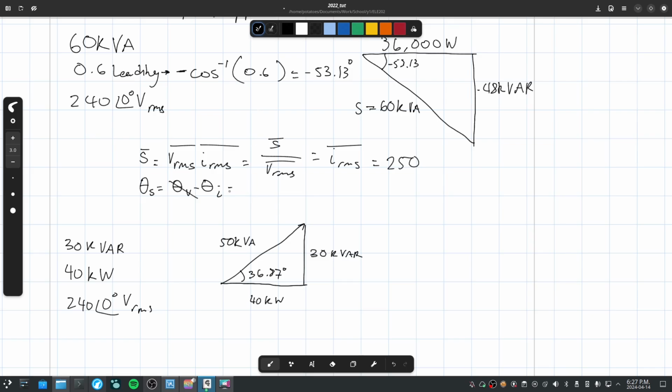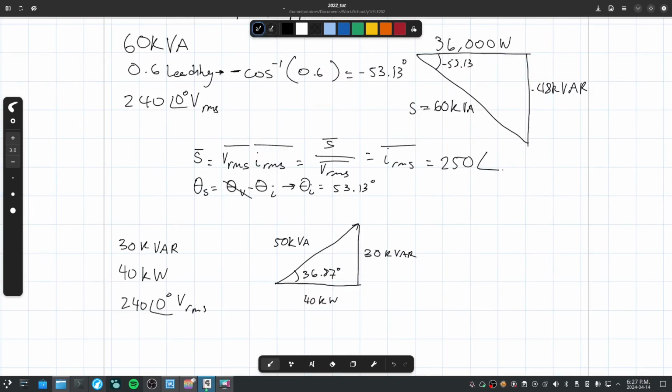And so therefore the phase angle for I is equal to 53.13 degrees. So let's put that phase angle in here. 53.13 degrees.